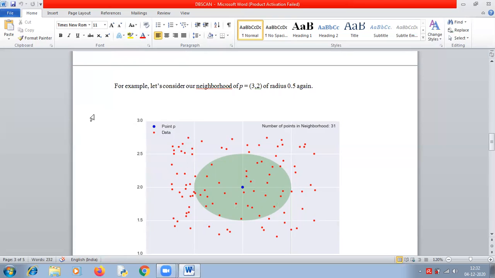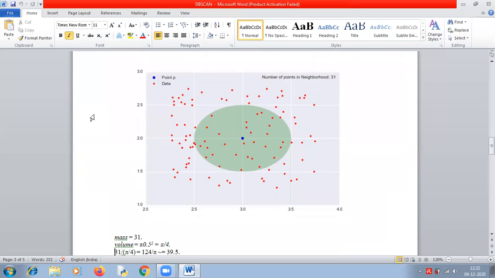The mass, the number of data points in the neighborhood, is 31, correct? The volume is the area of the circle, pi r squared. The radius is 0.5, the square becomes 0.25, so volume equals pi multiplied by 0.25, which is pi divided by 4.